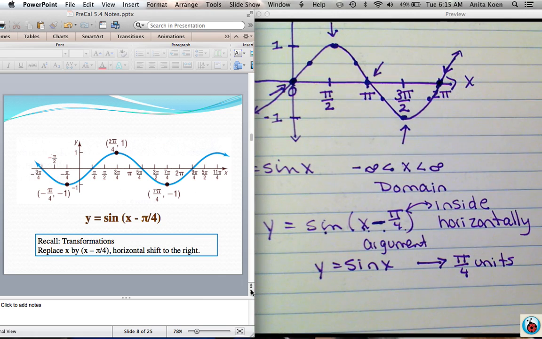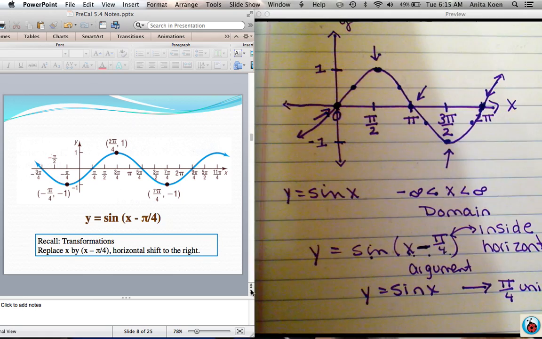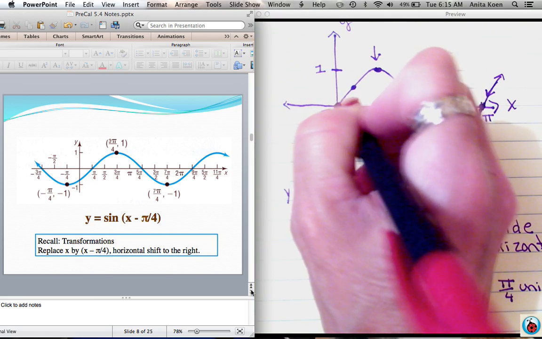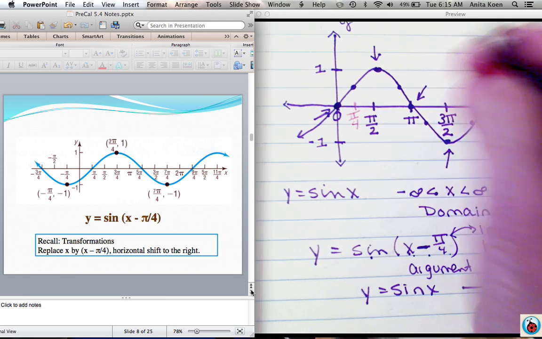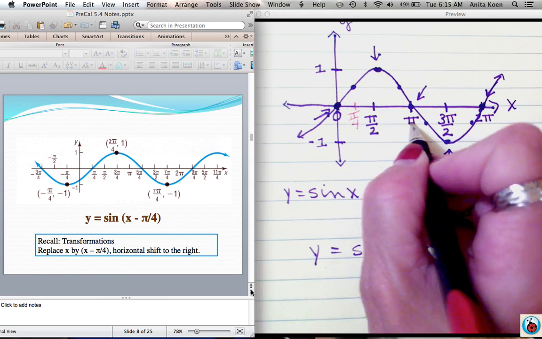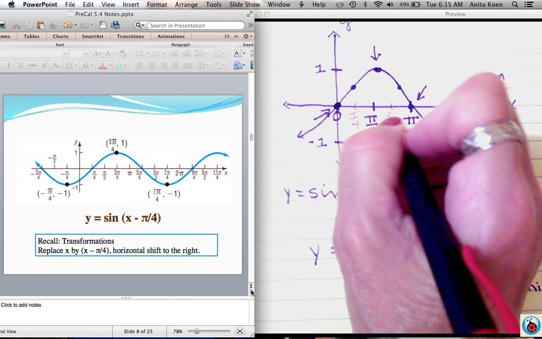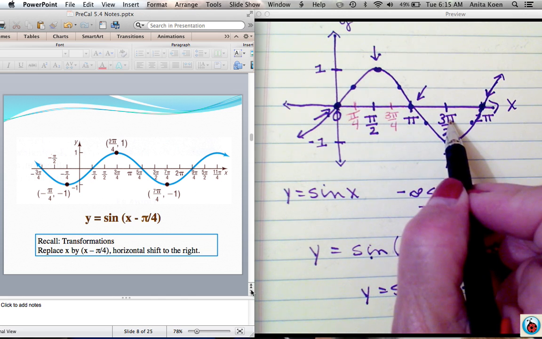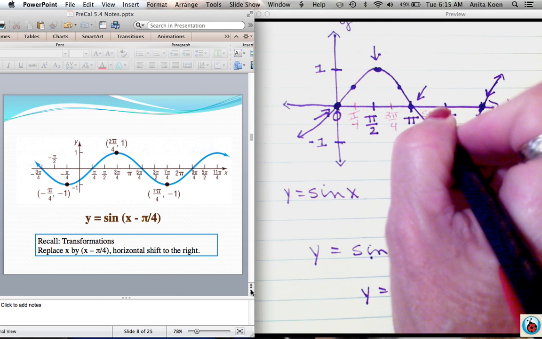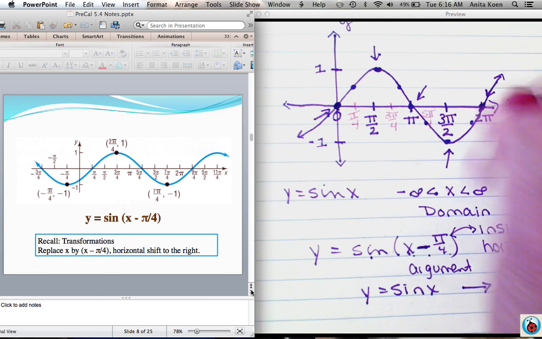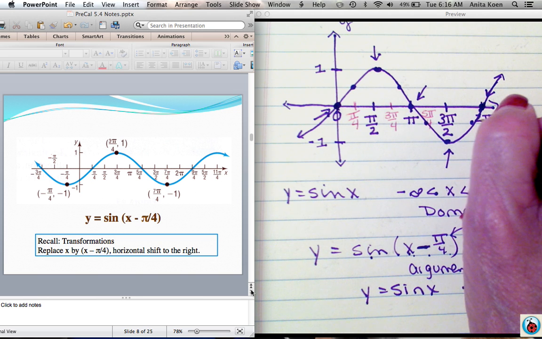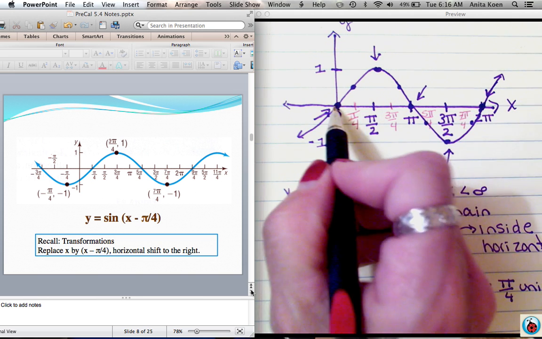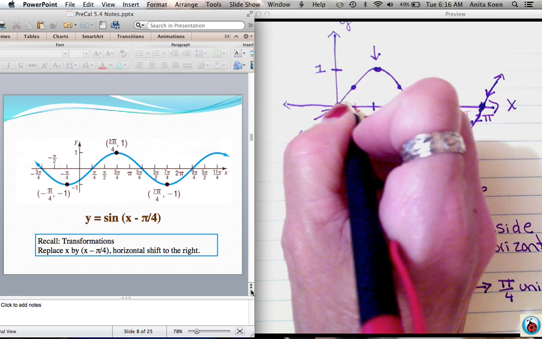So if I was going to do that on this graph right here so that you could see it, let's get a different color. Here's pi over 4. Here's pi over 2. Halfway between pi over 2 and pi is 3 pi over 4. Halfway between pi and 3 pi over 2 is 5 pi over 4. And halfway between 3 pi over 2 and 2 pi is 7 pi over 4. And everything just shifts pi over 4 units.